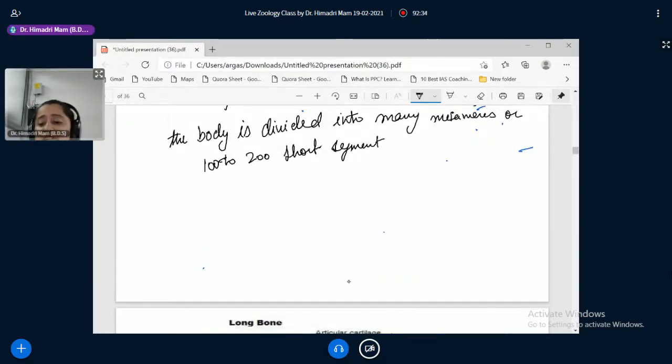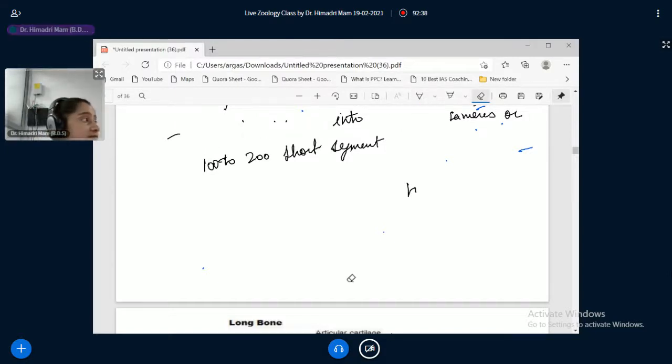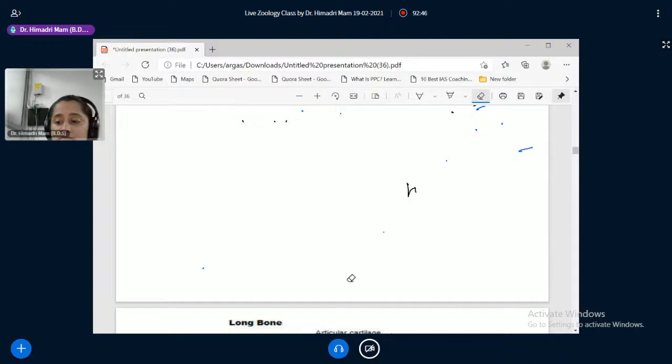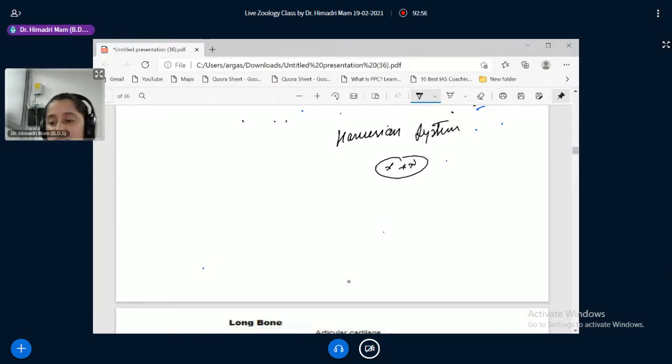Then bone has the Haversian system as well, in which inside the bone we have the blood vessels, lymphatic vessels, and nerves. Okay.